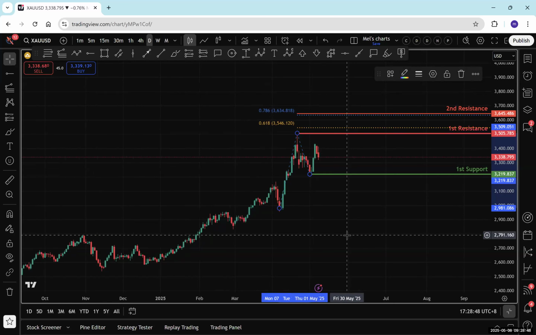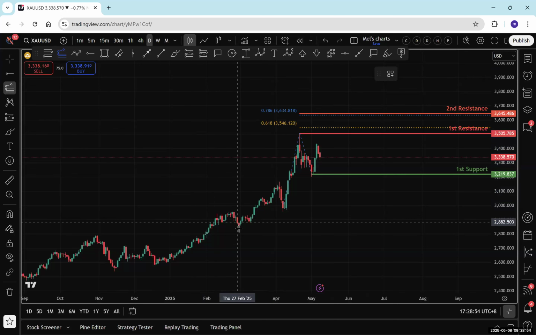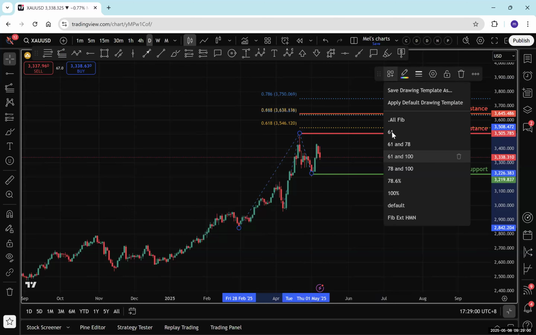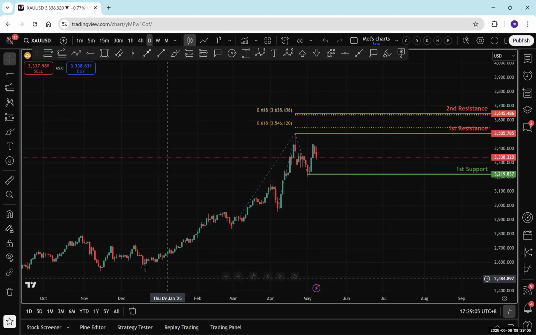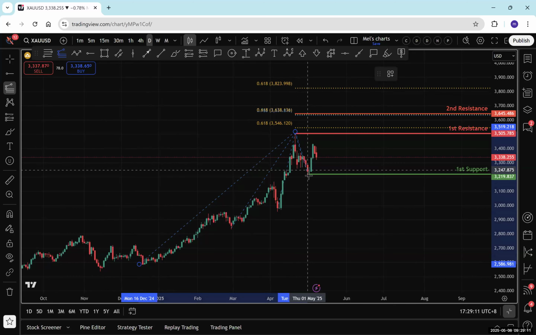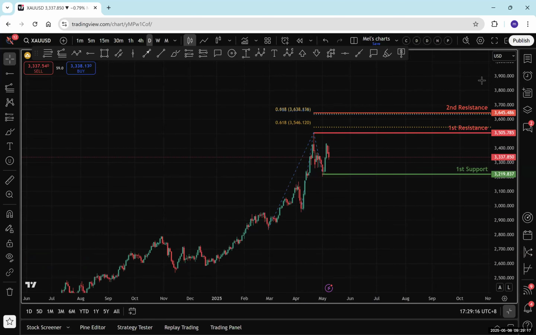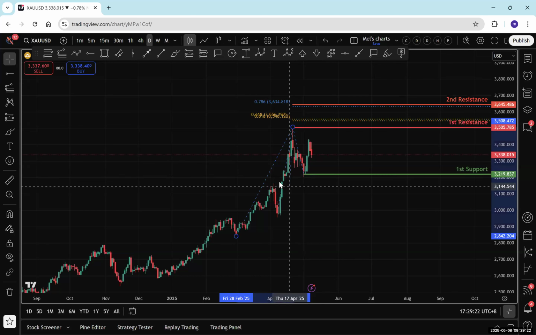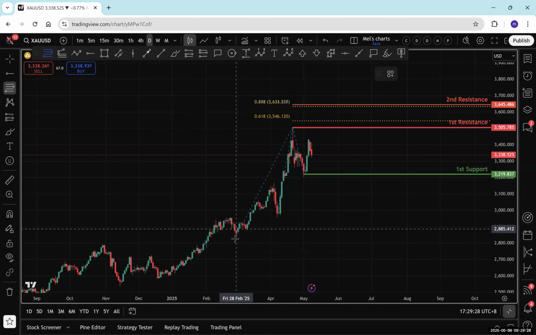Next, let's see if we have any other Fibonacci levels here. Okay, my 61.8 lines up. Let's do another projection here. Okay, I'm going to pull out our retracement.